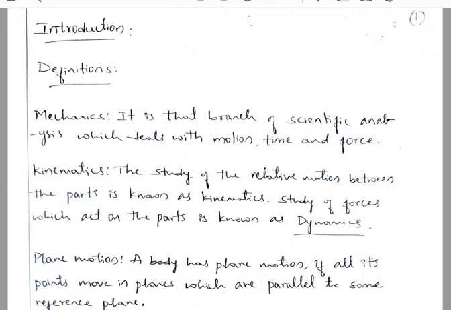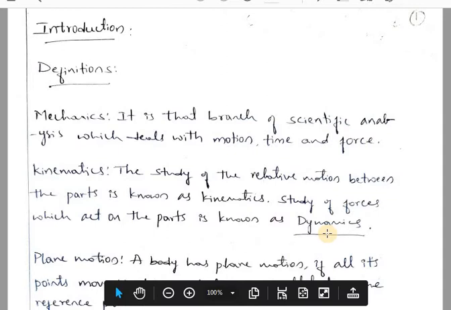So kinematics of machines does not deal with the forces involved in the motion. It is only about the relative motion between the parts. When we study the forces involved in this motion, then it is called dynamics.